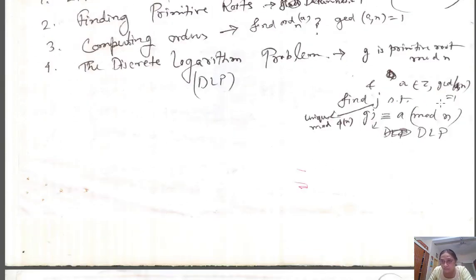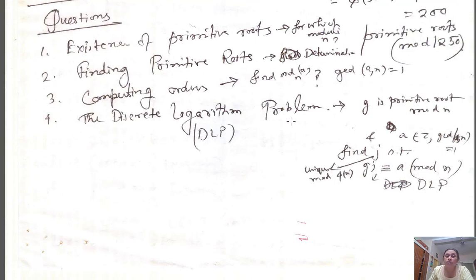Given G, A, n, the only unknown is J. You are working modulo n, but in the power you have to work modulo phi n, so you have to find this J modulo phi n. This is called the discrete log problem, and we will discuss that this problem is not very easy. If n is very large, finding the discrete log of A is not that easy.